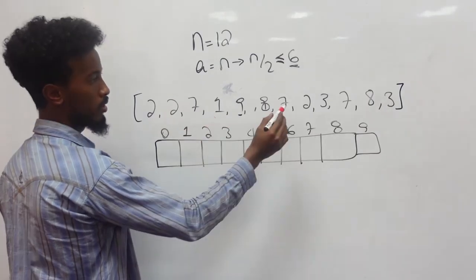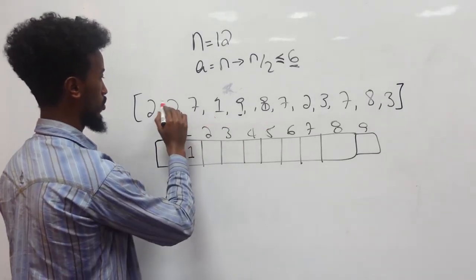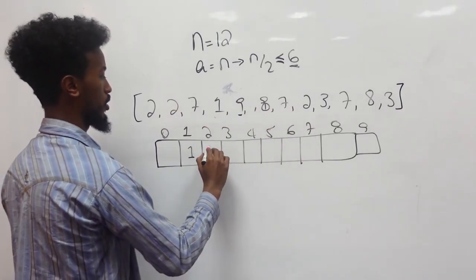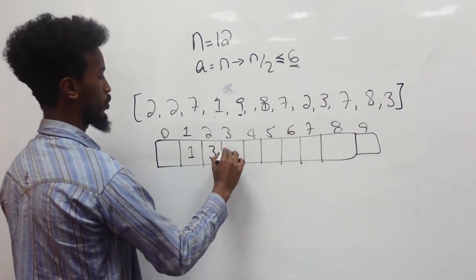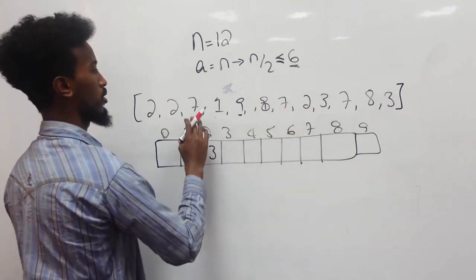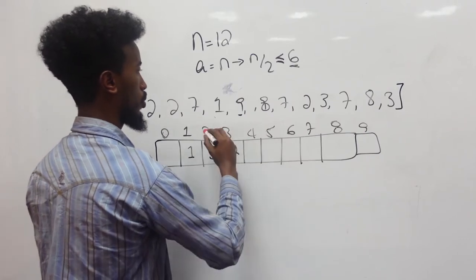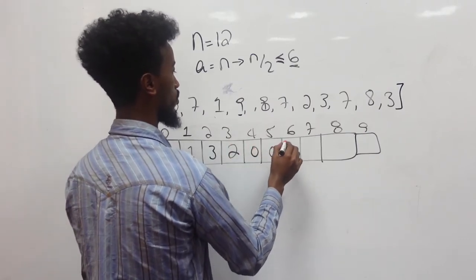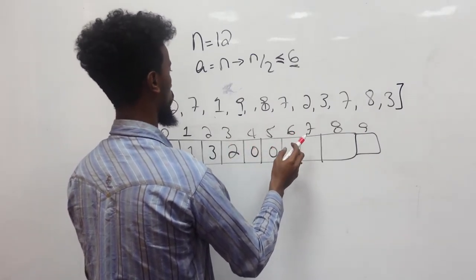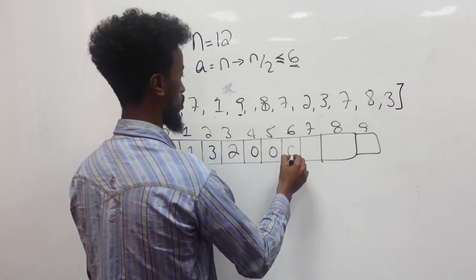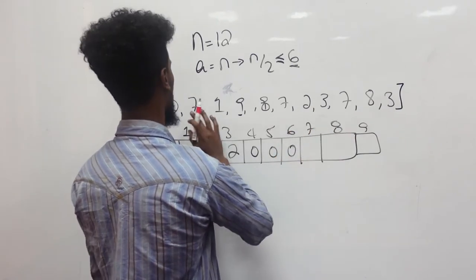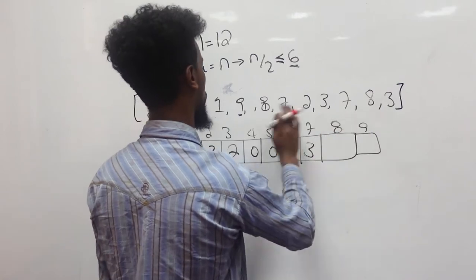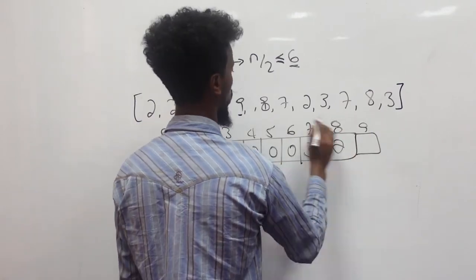So we have 1, we have 3 2s, we don't have 4, we don't have 5, we don't have 6, we have 3 7s, we have 2 8s, and we have 1 9.